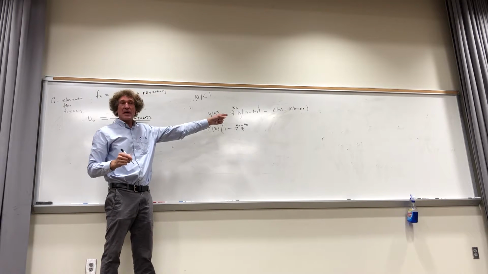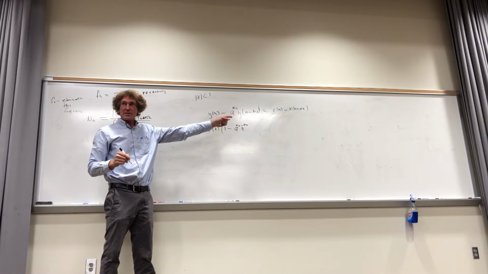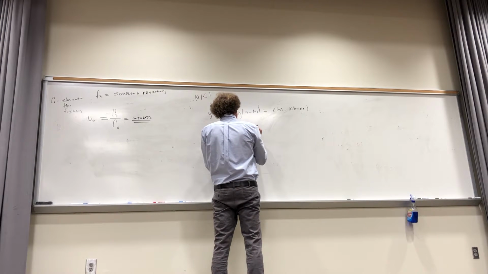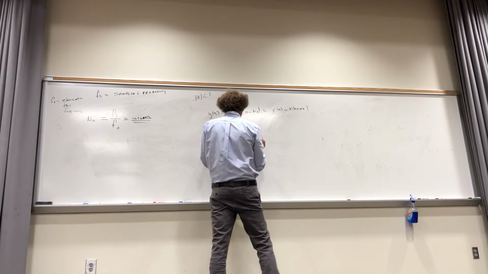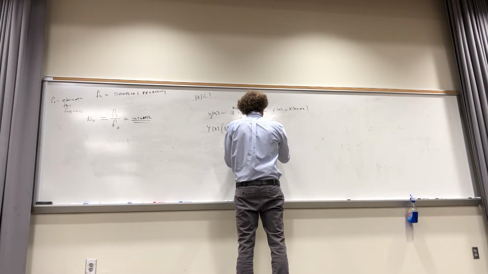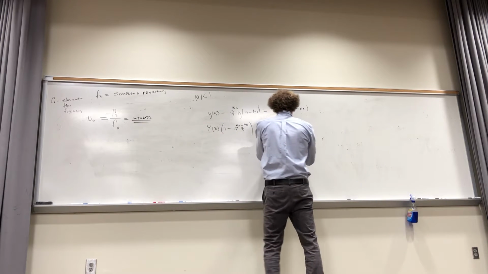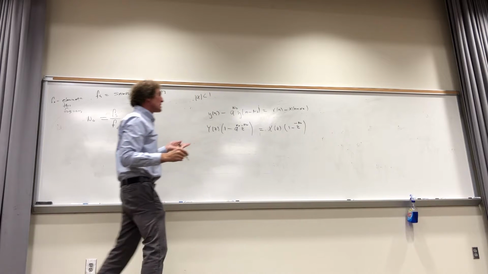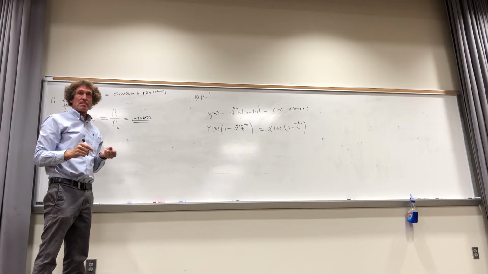Because there's a delay of n naught. It's y of n minus n naught. And n naught has to be an integer. All right, this times y of z is equal to x of z times 1 minus z to the minus n naught. Now I hope you see that this is the Z transform of that.